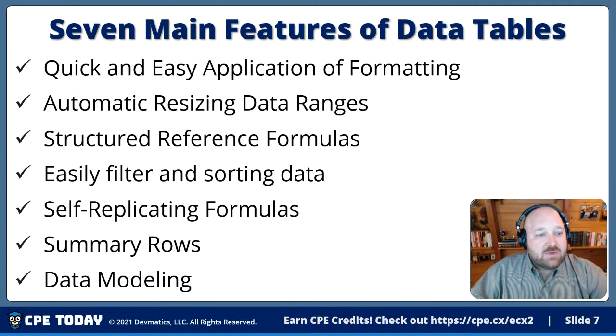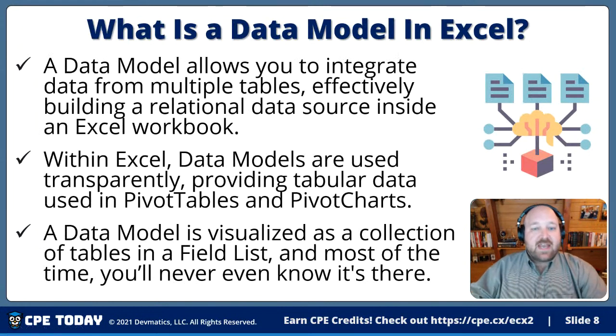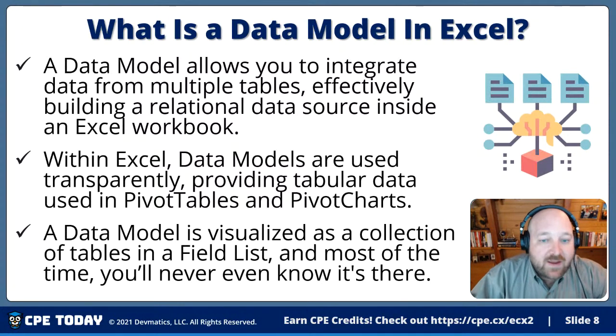Now, in addition to tables, like the direct operations themselves, we also have this thing called the data model. Data model is more advanced functionality with respect to tables, which is coming in a future podcast. But in a nutshell, a data model is a table of tables. It allows us to integrate data coming from multiple different places inside of a single workbook.